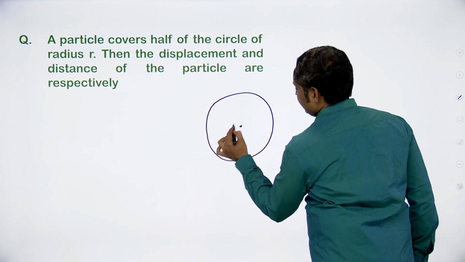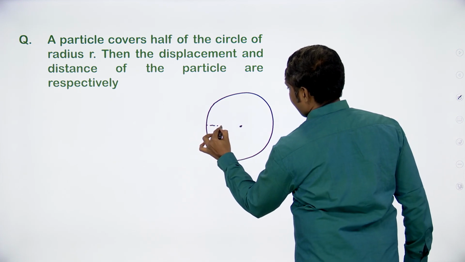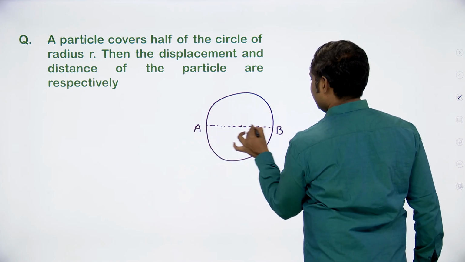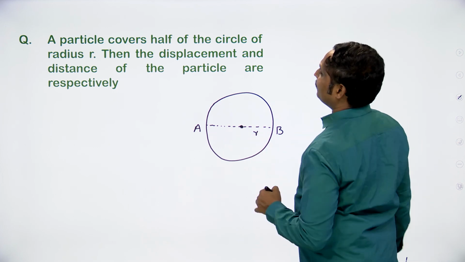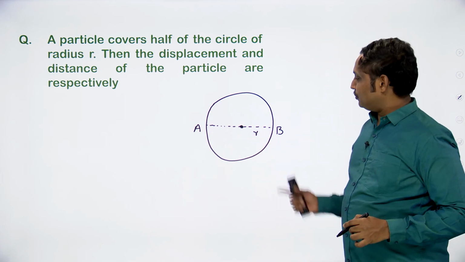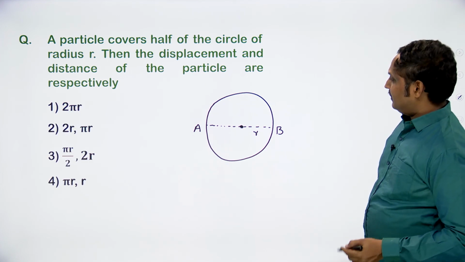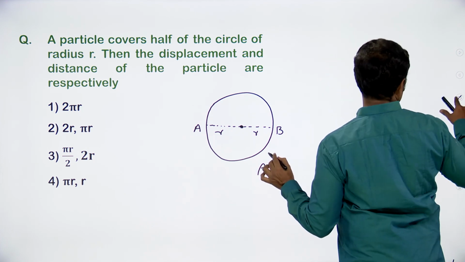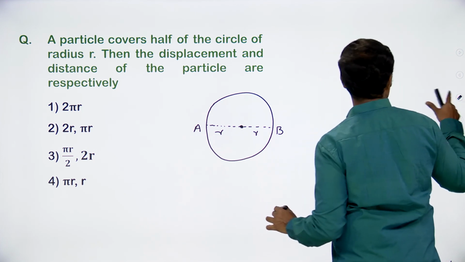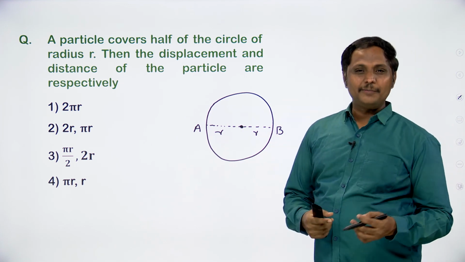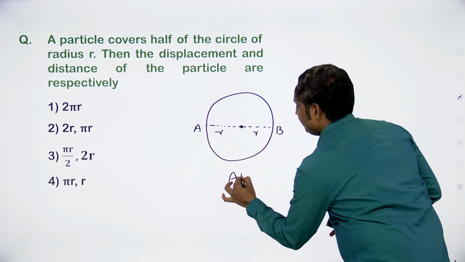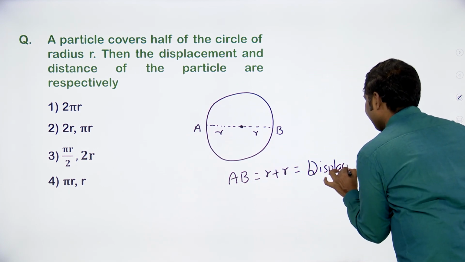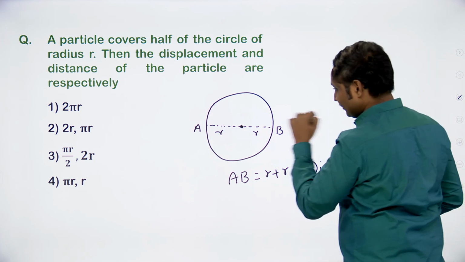If we take the center, with points A and B, let us assume R is the radius, it is very clear. Displacement is nothing but the shortest path. So AB is equal to R plus R, that is the displacement, all right.